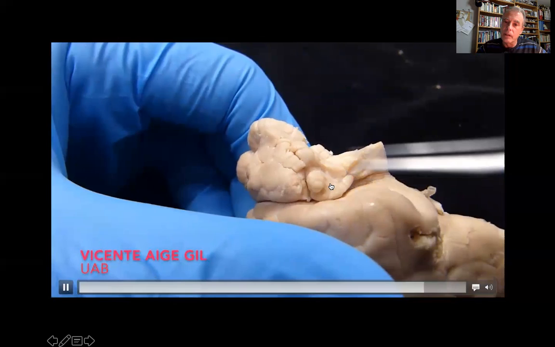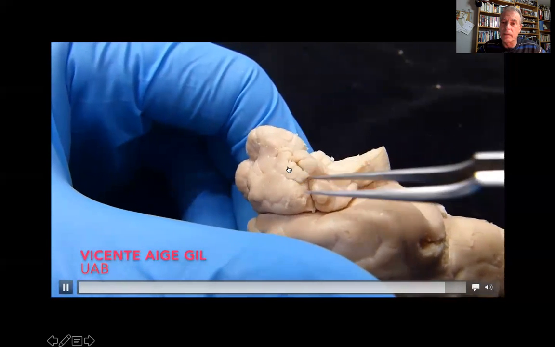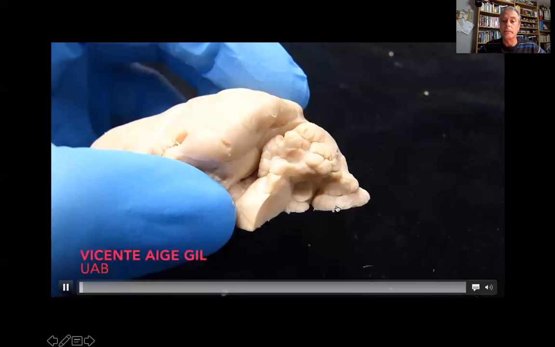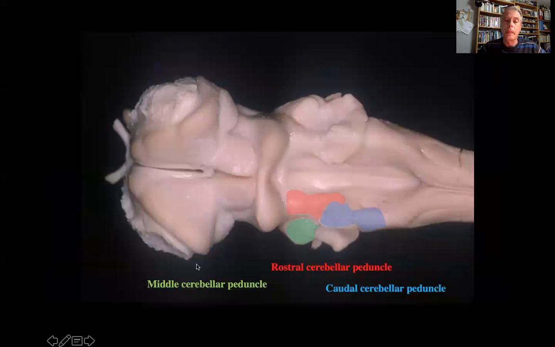The ventral paraflocculus, the dorsal paraflocculus, and underneath the flocculus, okay? So the cerebellum is connected to the brainstem through the cerebellar peduncles.